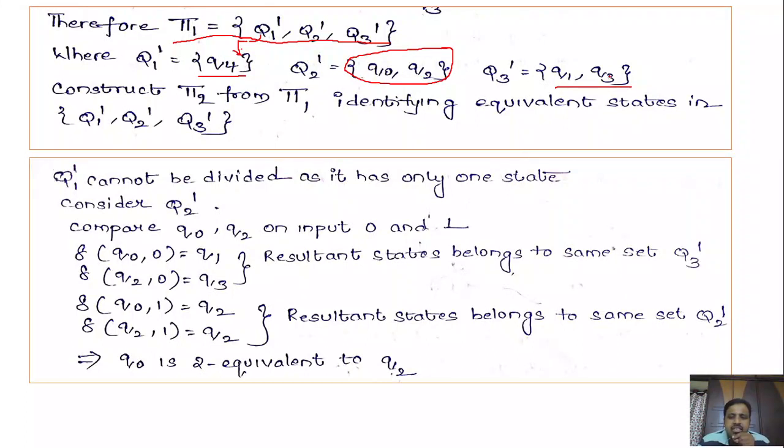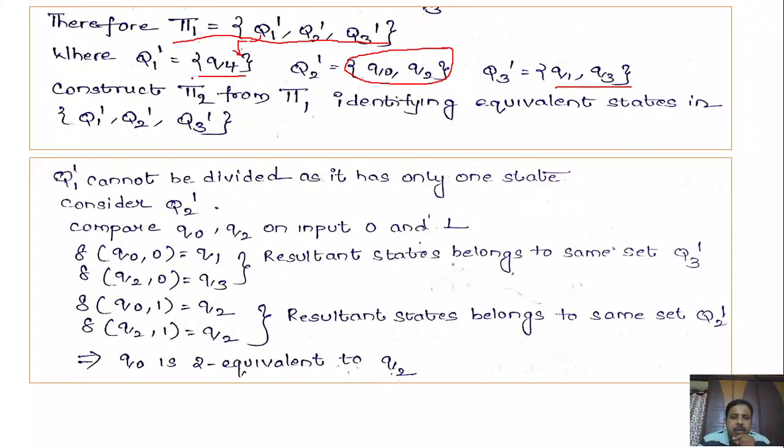Among these states we identified that q0 and q2 must be in a single set because they are equivalent and must be separated from q1 and q3. That is the reason we got three state sets in pi 1.